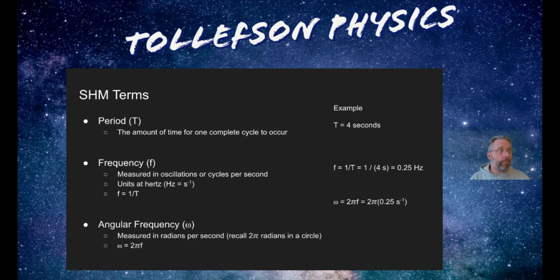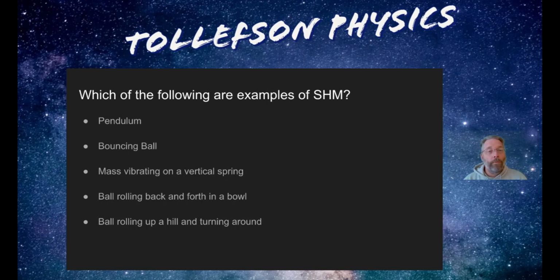So you multiply that by 2 pi, and you end up getting 1.57 radians per second. So that's the number of radians it travels in 1 second.